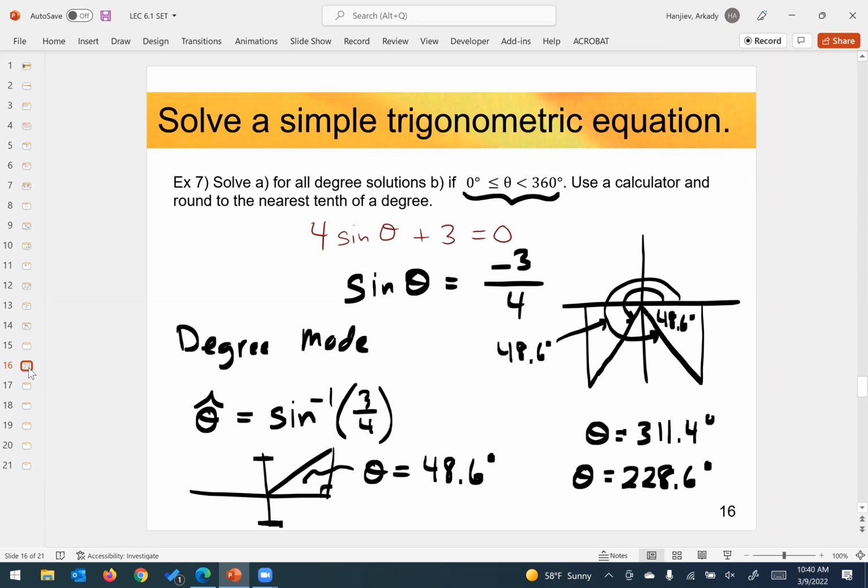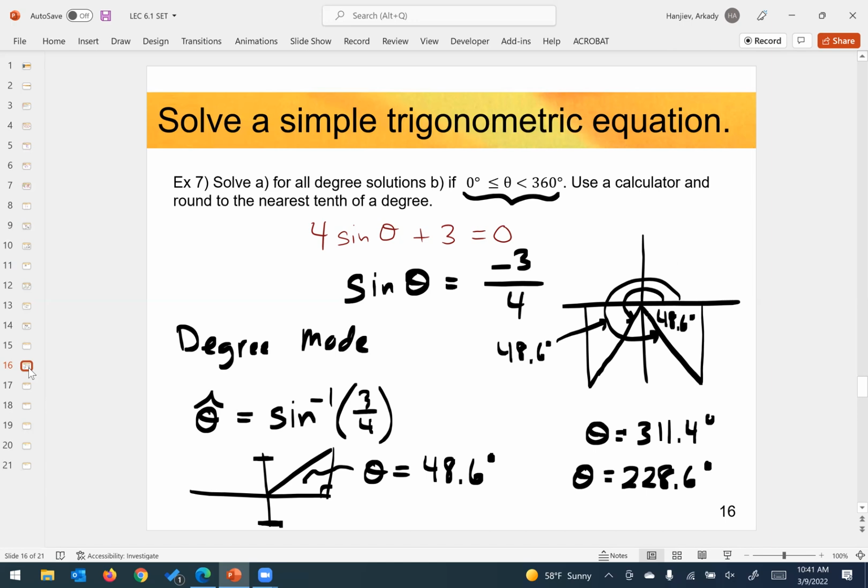I should type in 180 instead of 48.6. My hands instinctively did that. We just find the reference angle of 48.6 all around. Not all around, but in the quadrants that we need. You don't have to worry about the negative 48.6, because technically, yes, you have a 48.6 degree angle. But what you have to figure out is where your y value is negative. Originally it was negative because it's negative 3/4.